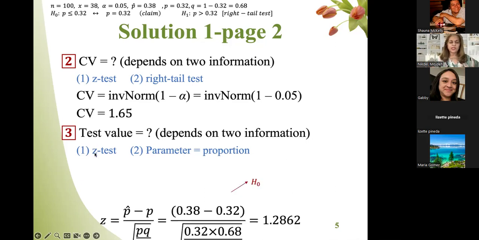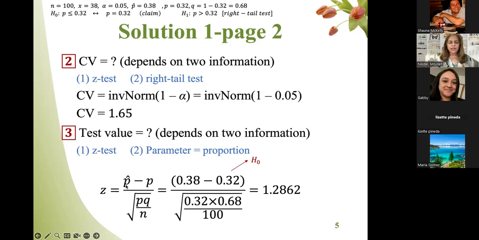So we get z equal to p hat minus p over the square root of p q over n. This is in the formula sheet. I put the numerator inside the parentheses. P hat from the previous slide was 0.38. P, which you find in the null hypothesis sentence, 0.32.